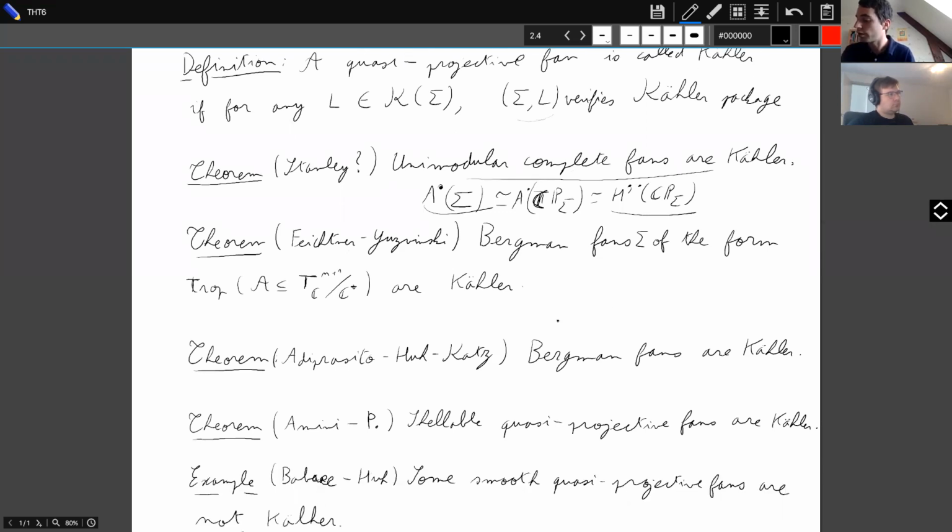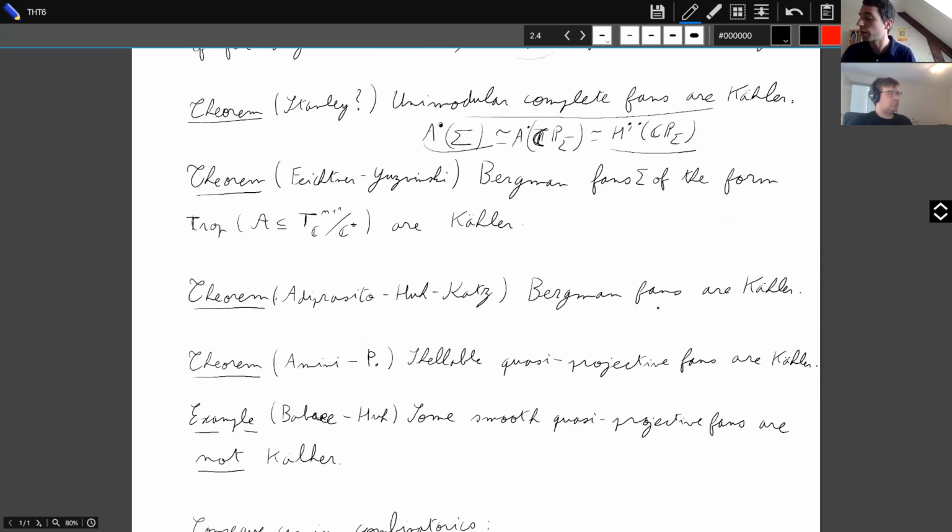Then, okay, so I have the same theorem. If you remember my first talk, I had the same theorem for tropicalization of complement of hyperplane arrangement. So in the same way, we can say that Bergman fans coming from hyperplane arrangements are scalar.